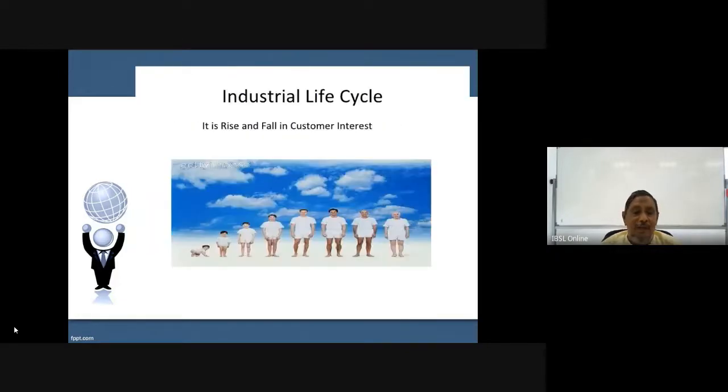Okay. So any business has a life cycle, like a human being. A toddler, teenage, growing up, and coming to maturity. And maturity, growing older. If we put a graph, it will go like that, growing to maturity, stagnating, and end.